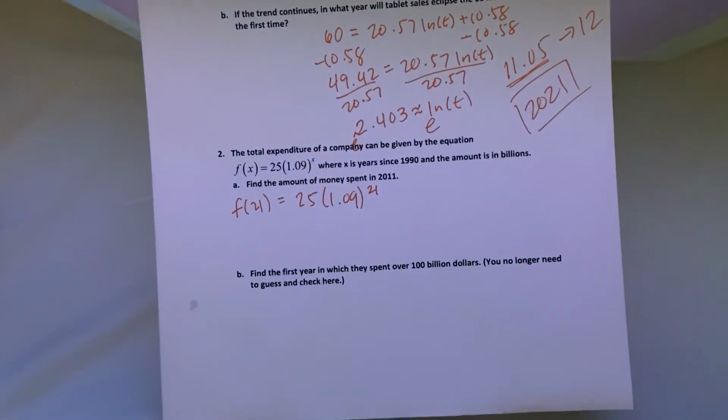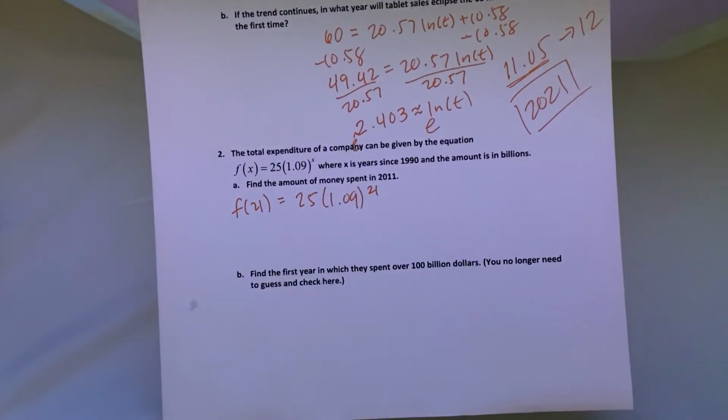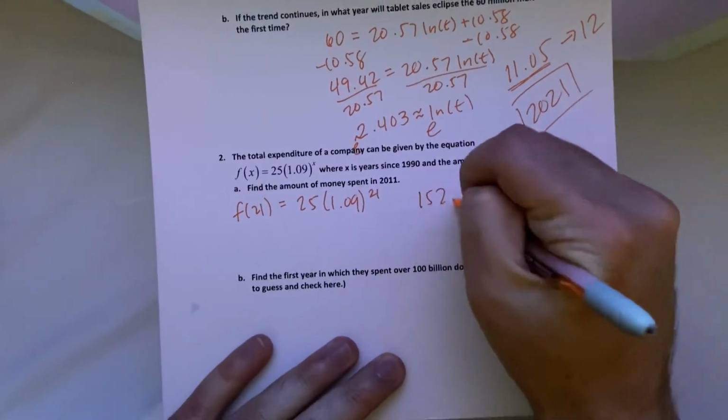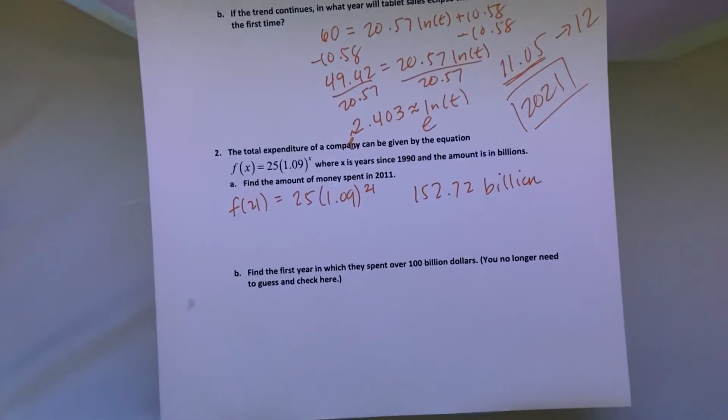And again, you'd have to approximate using your calculator, so 1.09 to the 21st, and then times 25 is 152.72 billion, which is a ton of money spent in a year.